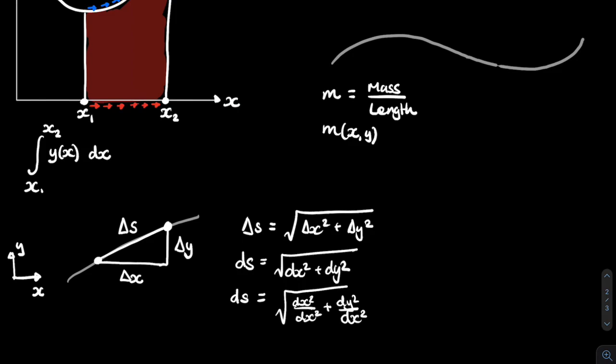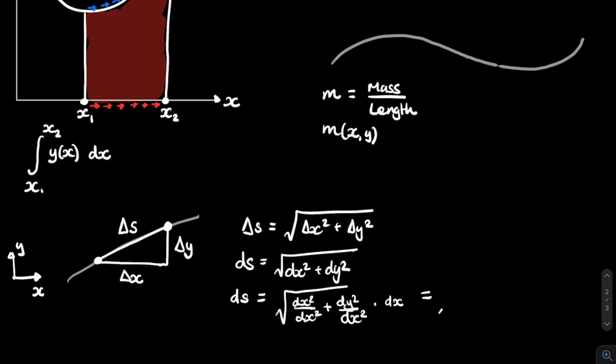So if I've divided everything in the square root by dx squared, then I must multiply everything outside the square root by dx, of course. So I've done no harm to this equation. I've just multiplied the outside by the same thing I've divided the inside by. So no harm has been done.